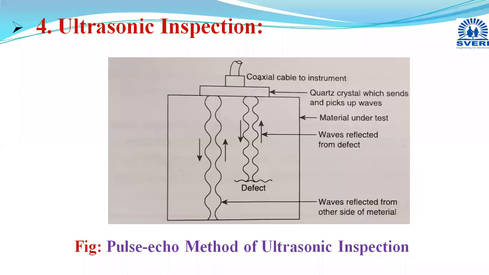Okay, if the component is defect free, the ultrasonic waves will pass from one end up to the other end of that component, and on the other side we are collecting the output on the cathode ray oscilloscope screen, that is termed as CRO screen.